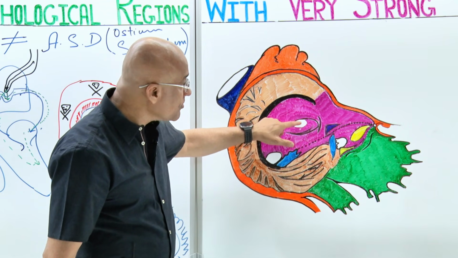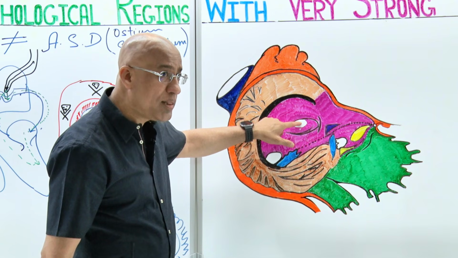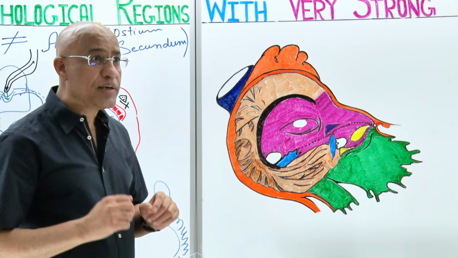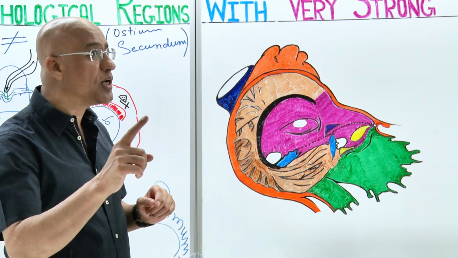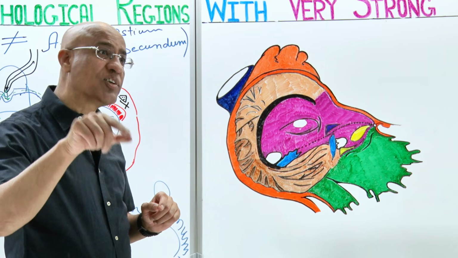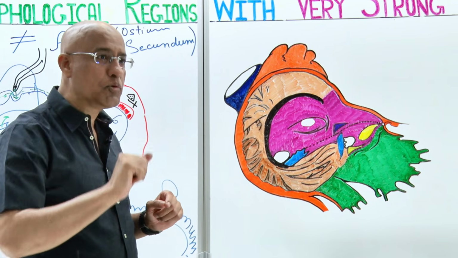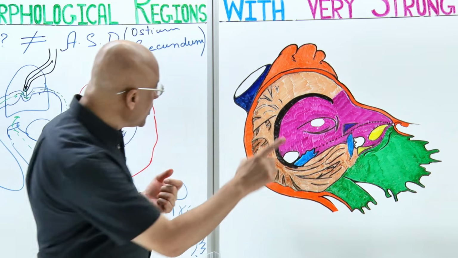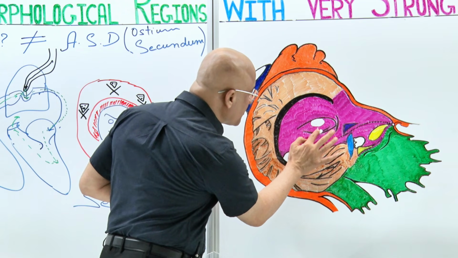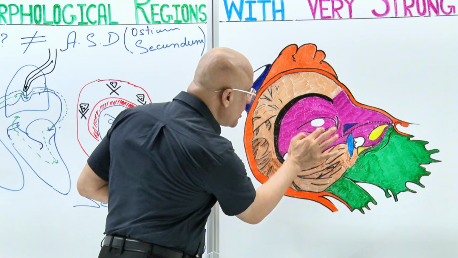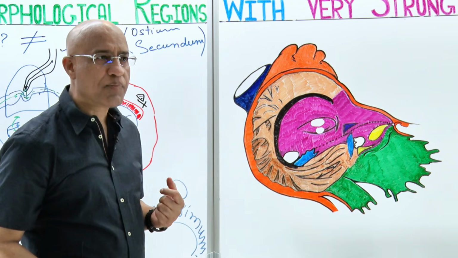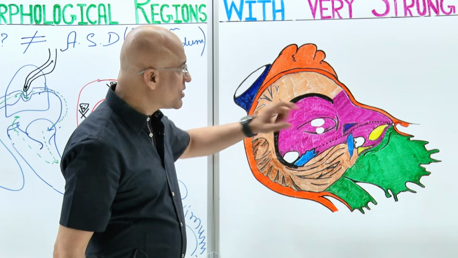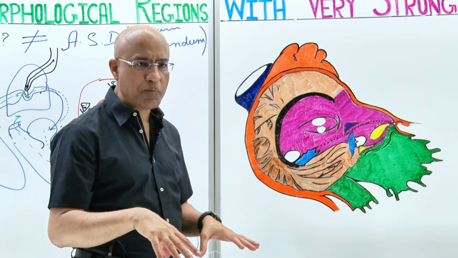If there is an opening which is all the time open, we call it atrial septal defect of which type? Ostium secundum type, right? Now you must be thinking, then where is the defect of ostium primum? Actually, if there is a defect in the lower area, this is ostium primum. I'm not going to discuss it in detail, but secundum is worth discussing at this moment.